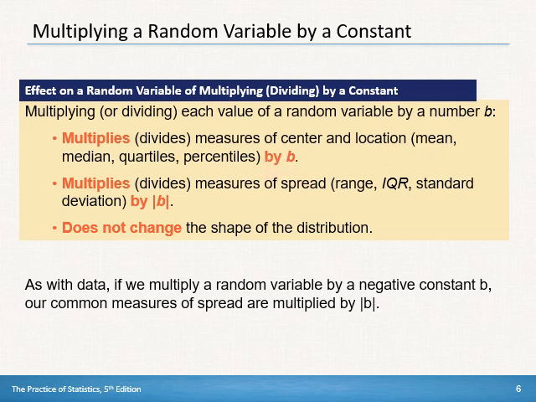When we multiply or divide by b, we multiply or divide the measures of spread also by b. In actuality, it's the absolute value of b, in case b happens to be negative, just like we saw when we dealt with data. And the shape does not change. The scale will change, but the general shape looks fairly symmetrical, and it still is fairly symmetrical.